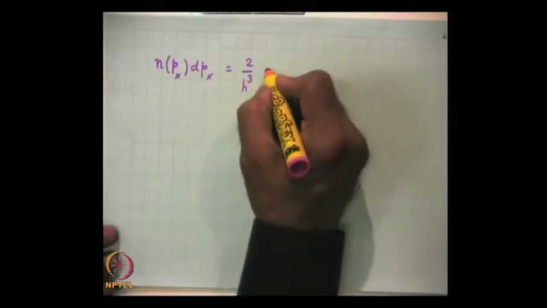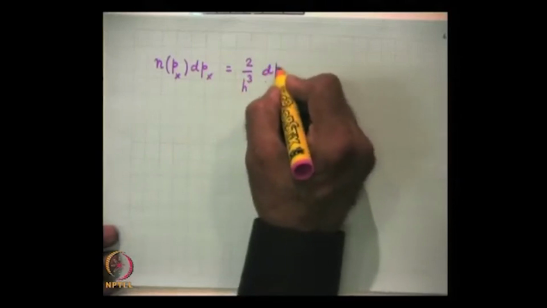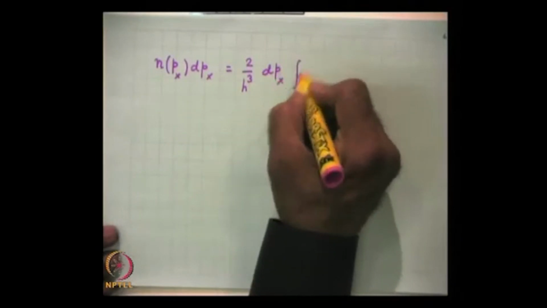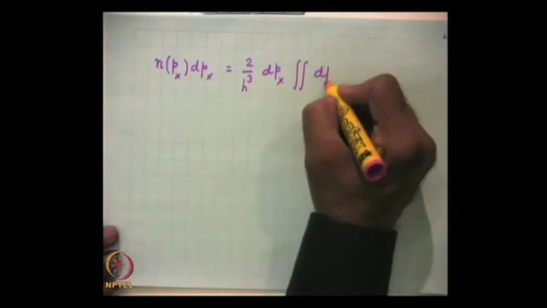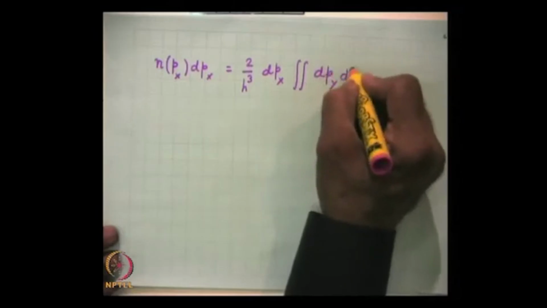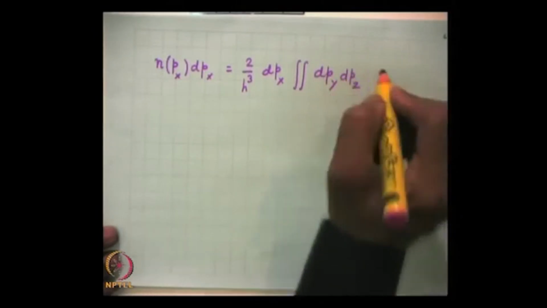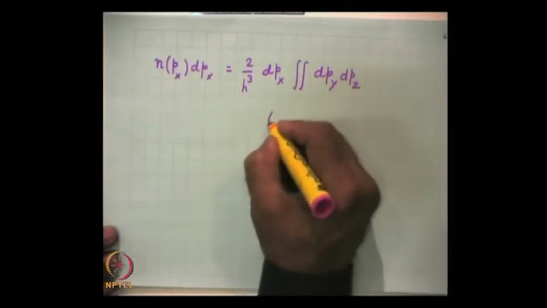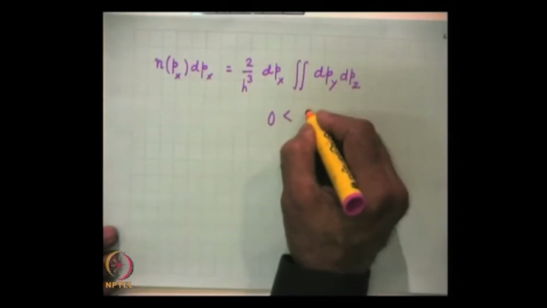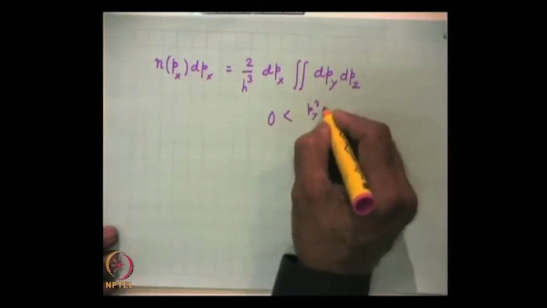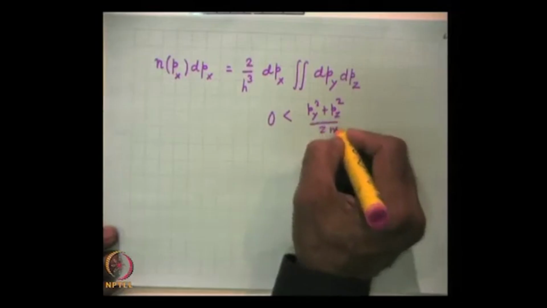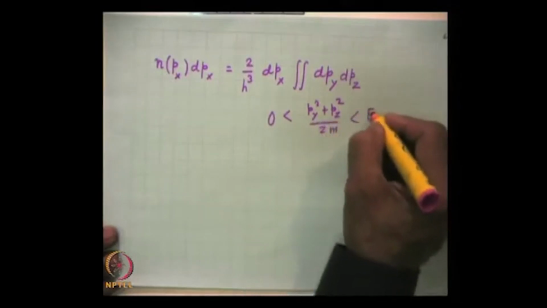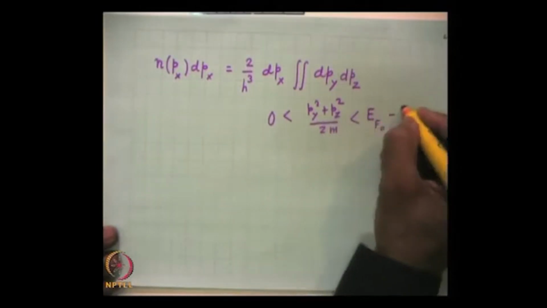This is just a simple phase space calculation, and the integral is calculated such that py squared plus pz squared by 2 m is less than E f naught minus px squared by 2 m.